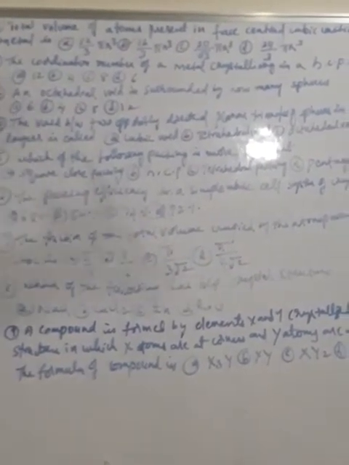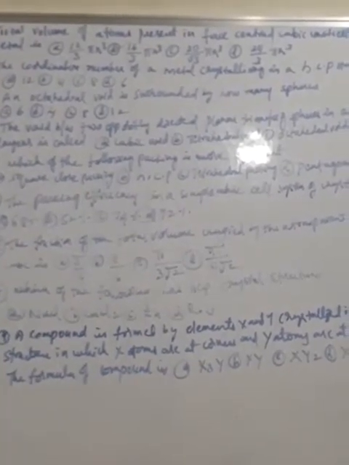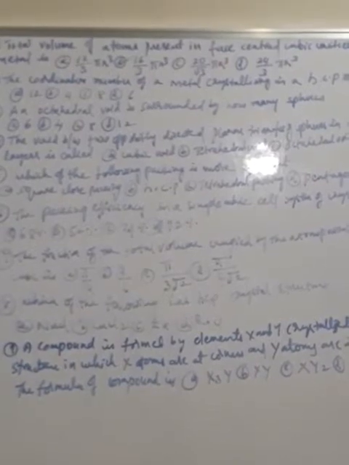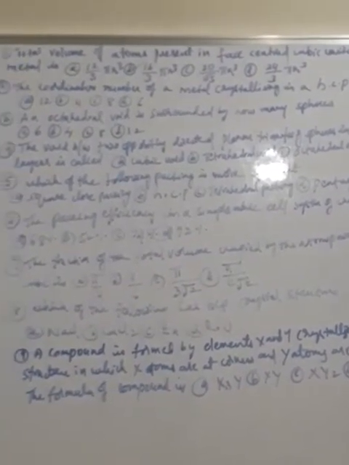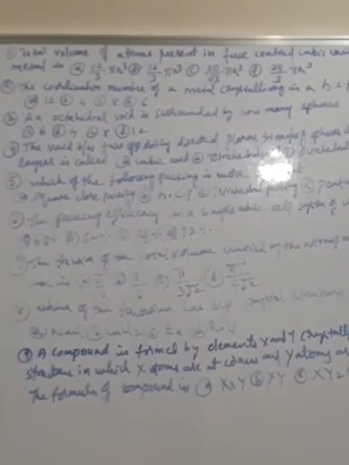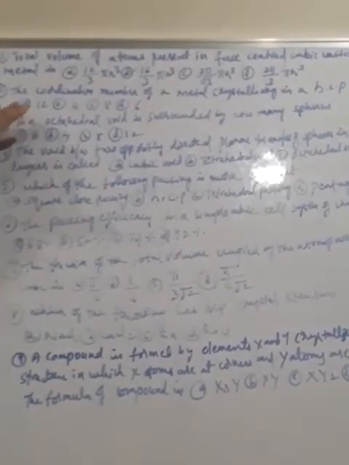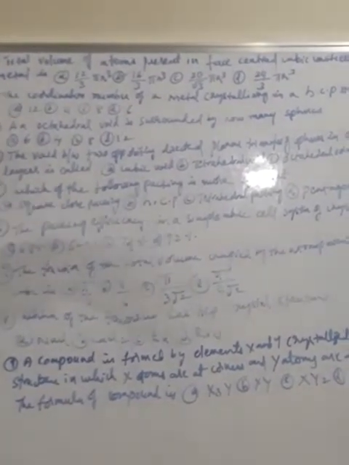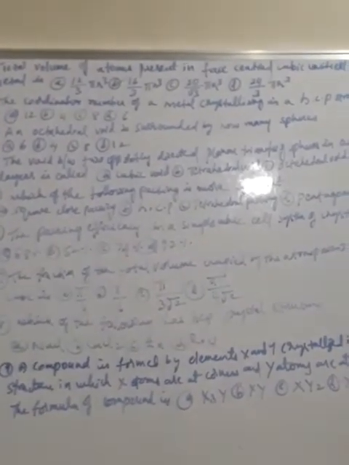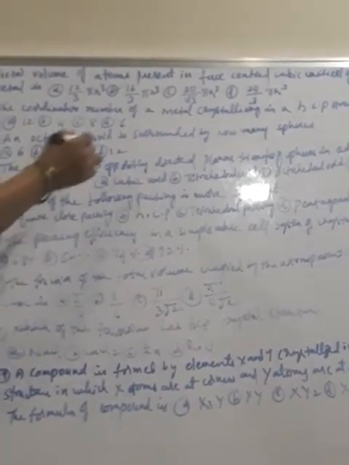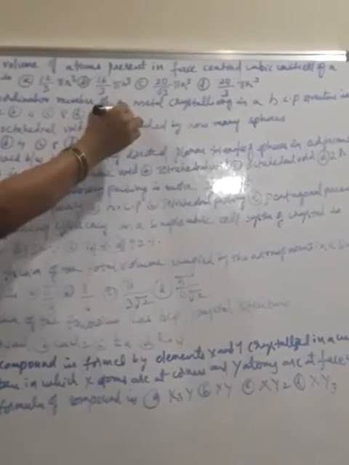Next, the coordination number of a metal crystallizing in an HCP structure. In hexagonal close packing, the coordination number is 12. Hexagonal close packing is an AB pattern: first the A layer, next at the depressions the B layer.